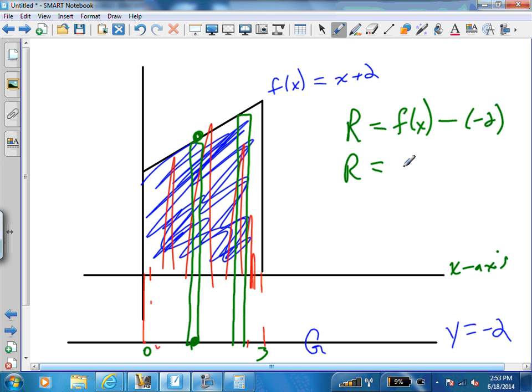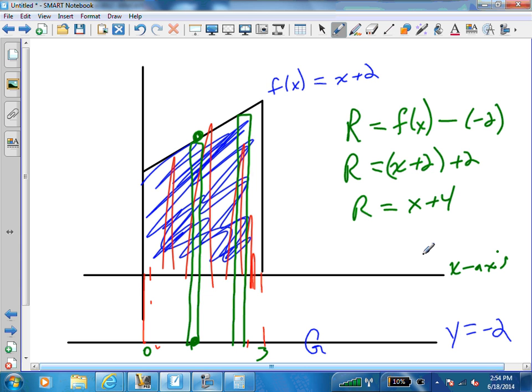Our inside radius is the distance from the axis to the edge of our hole. This time, from our axis to the edge of our hole, is that the same distance, or is that a constant distance? What is that distance? Well, the distance would be just 2.